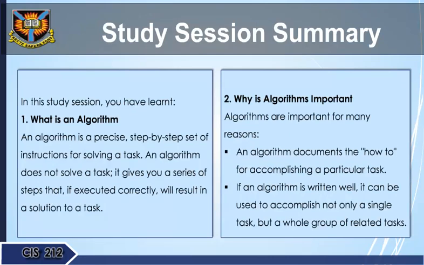Study session summary. In this study session, you have learned what an algorithm is. An algorithm is a precise step-by-step procedure. 2. Why are algorithms important? An algorithm documents the how-to for accomplishing a particular task. If an algorithm is written well, it can be used to accomplish not only a single task, but a whole group of related tasks.